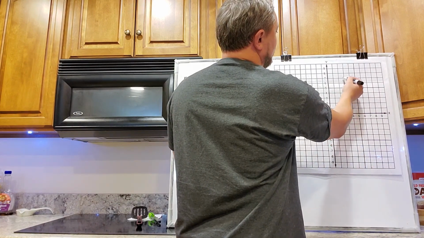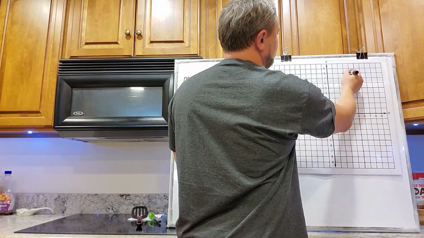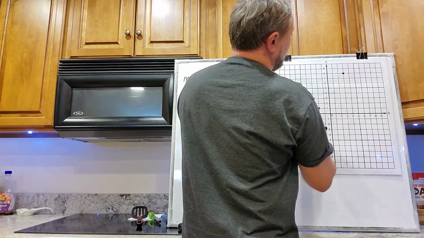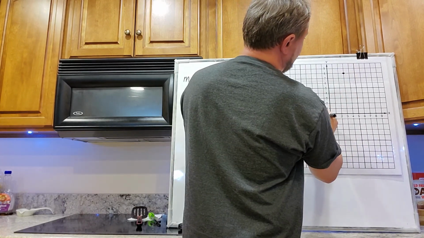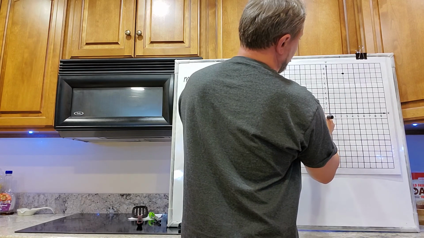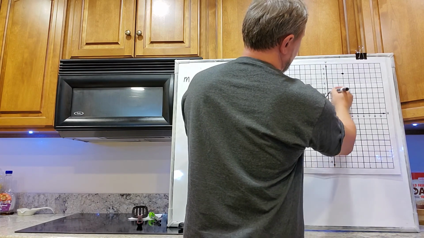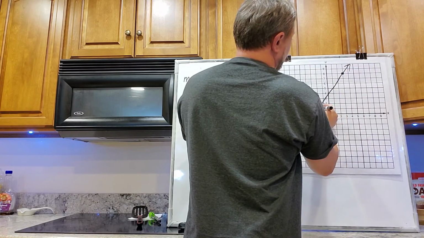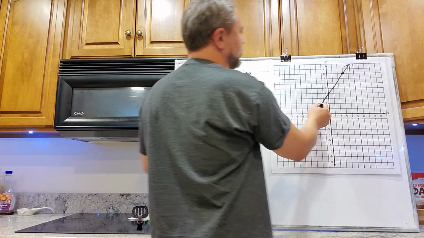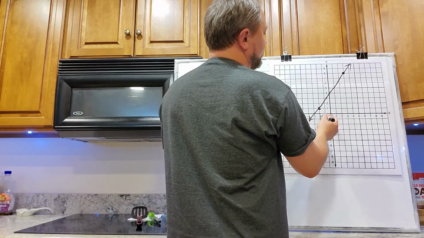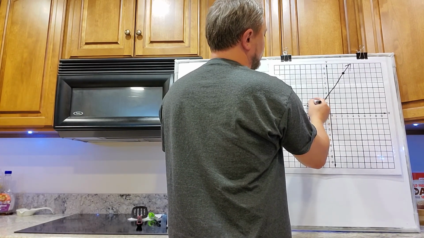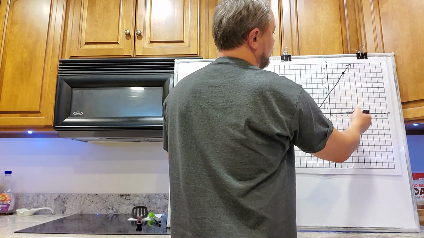One point there, one point there. If I were to join these with a nice straight line, I'm going to try to freehand this. That's not bad. I'll make sure those points are extra big so you can see those. So there were my coordinates, (-2, 1), and here's my (3, 8).